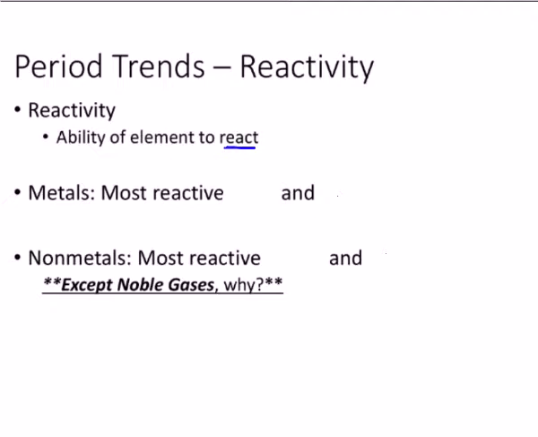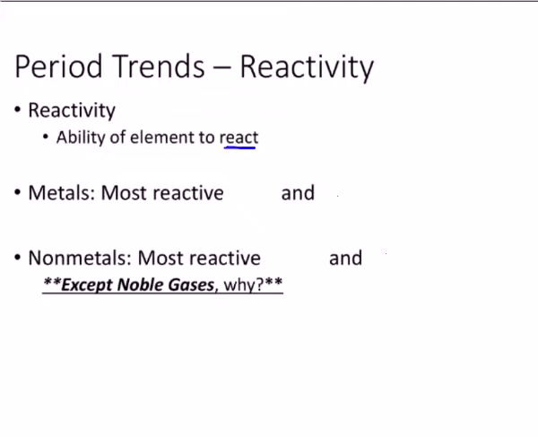What are they called in groups 3 through 12? Transition metals. He wasn't even here and you got it. It says it right there, metals, so you know that to the left should be the metals. And then nonmetals are to the right. Good.